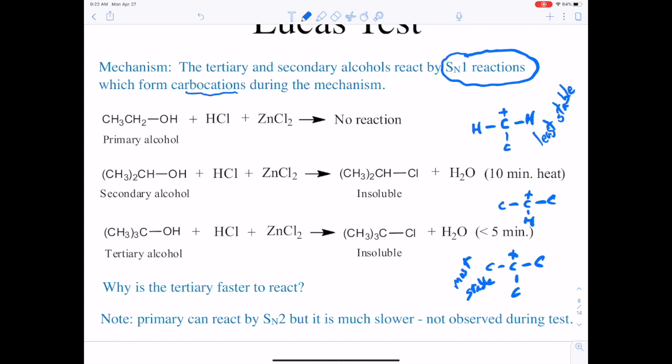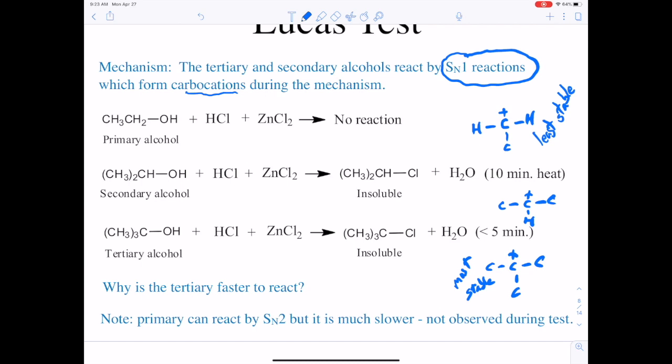So if this mechanism, an SN1 reaction, proceeds through a carbocation, then we are going to observe this trend that tertiary alcohols, which form the most stable carbocation, will react the fastest. Secondary alcohols will form secondary carbocations, and they will react more slowly than tertiary alcohols. Primary alcohols, at some point in the mechanism, will form primary carbocations, which are not very stable.